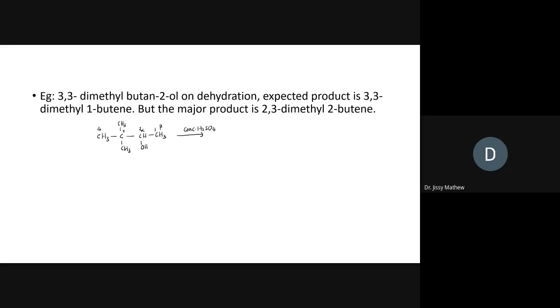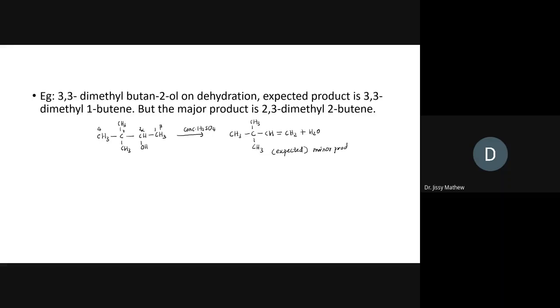So the expected product of dehydration is CH3, CH double bond CH2. This is the expected product, and this product is formed in minor quantity only.